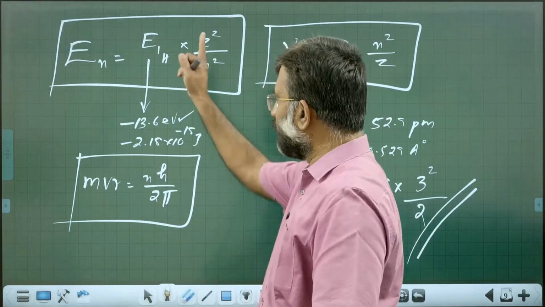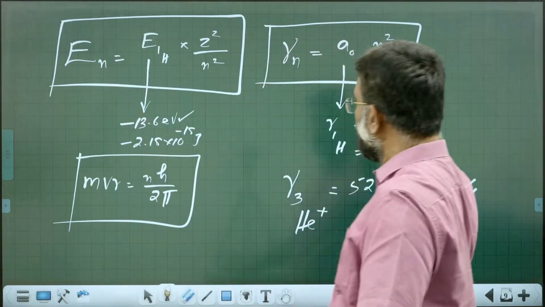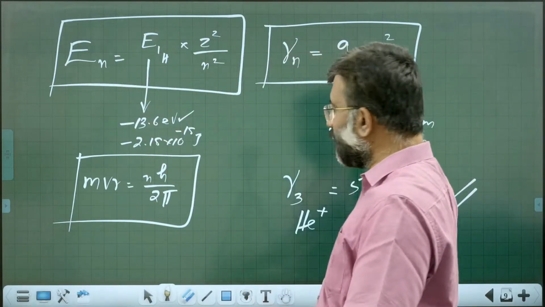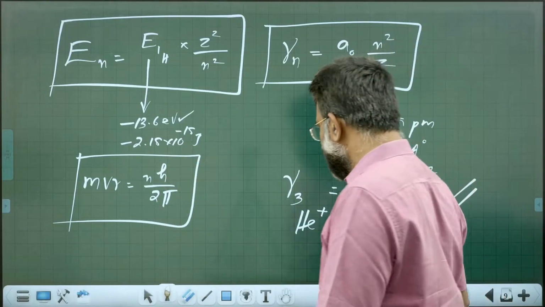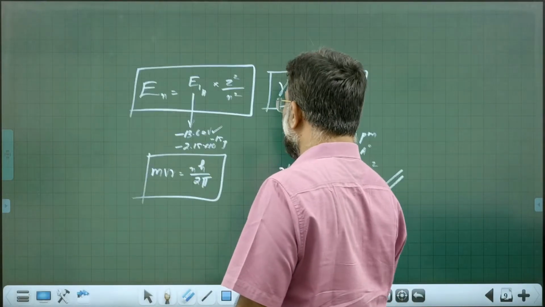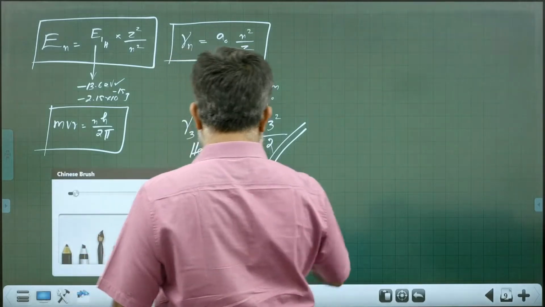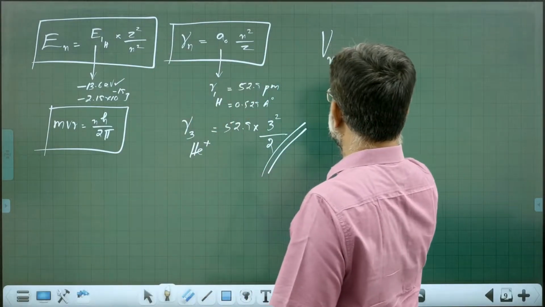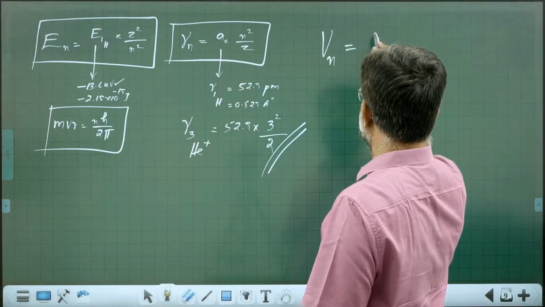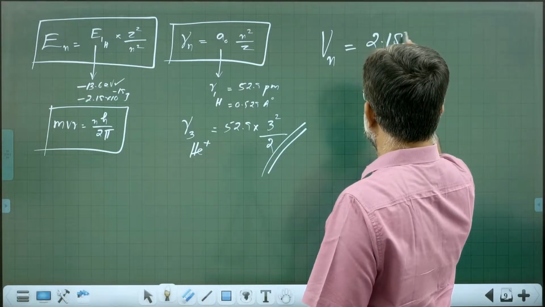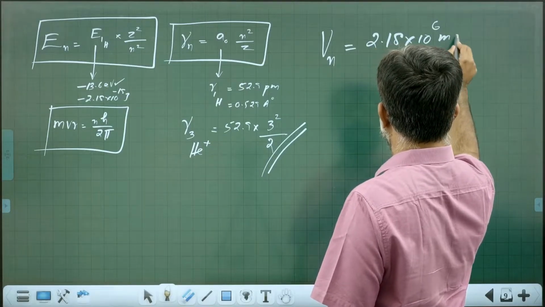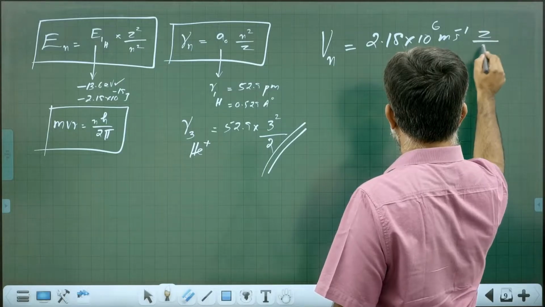So energy of Bohr orbit, radius of Bohr orbit, angular momentum equation, try to go through all such formulae. Velocity of nth orbit electron, Vn is equal to 2.18 into 10 raised to 6 meter per second into Z by n.